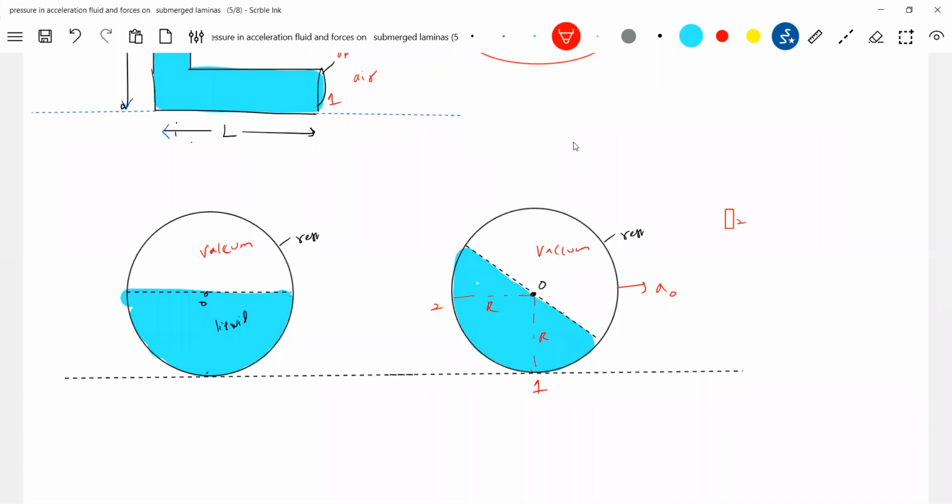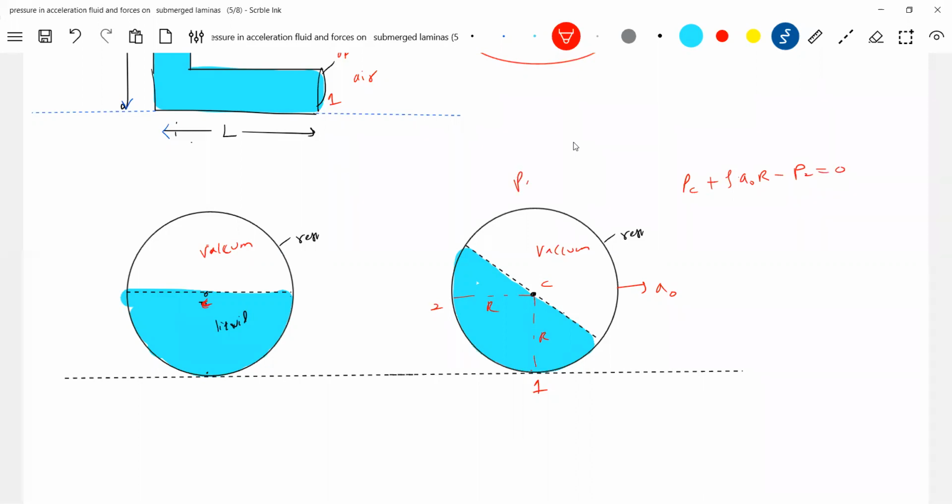Pressure at 2, I'll write the equation. Pressure at 2 will be rho A0 R. Manometric equation: okay, sir, why are you making a guess? Okay, no, let it be like this. Let me make it C: PC plus rho A naught R minus P2 equals 0.